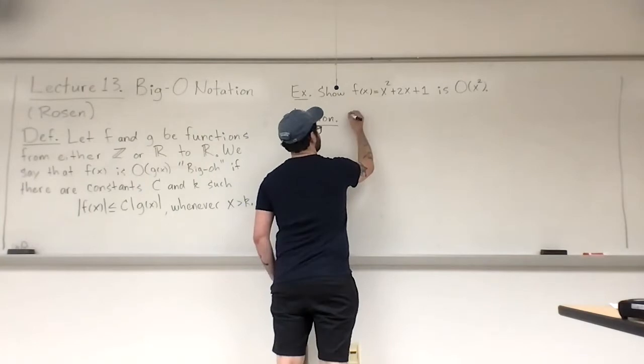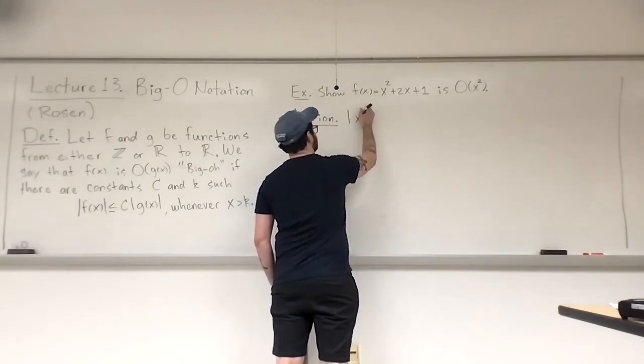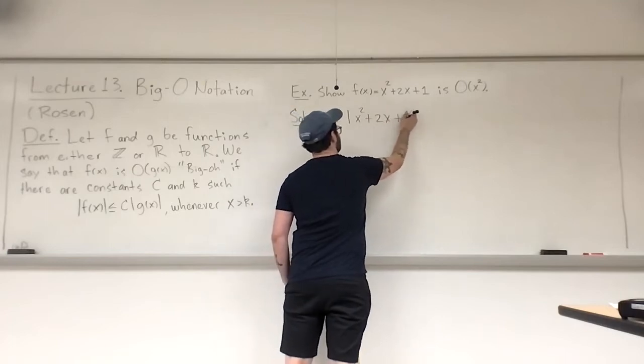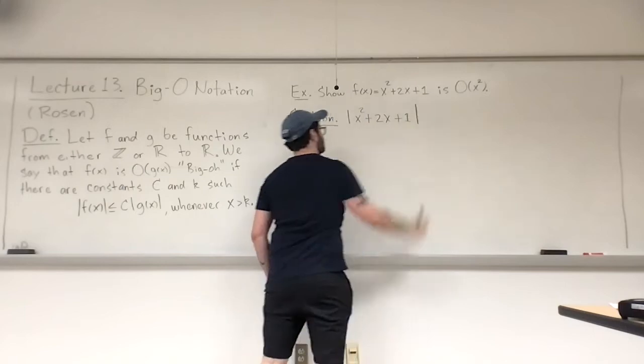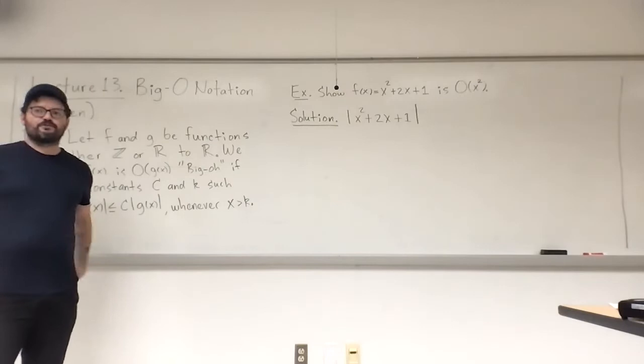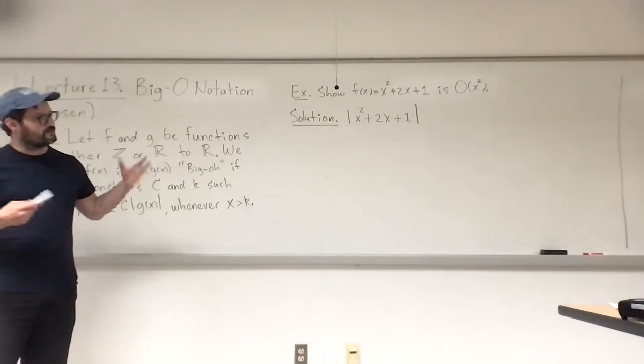So let's look at the absolute value of x squared plus 2x plus 1. Now, it helps to drop the absolute values when manipulating sums.